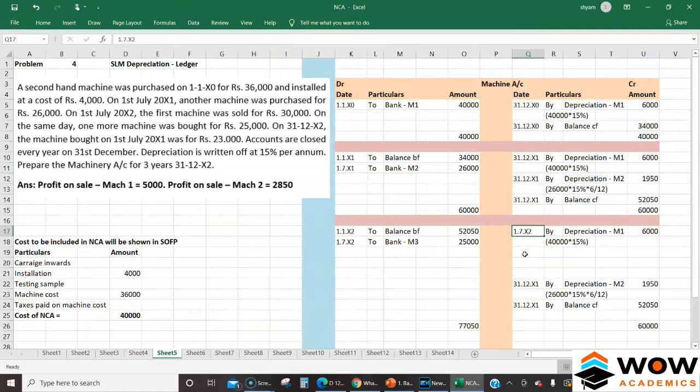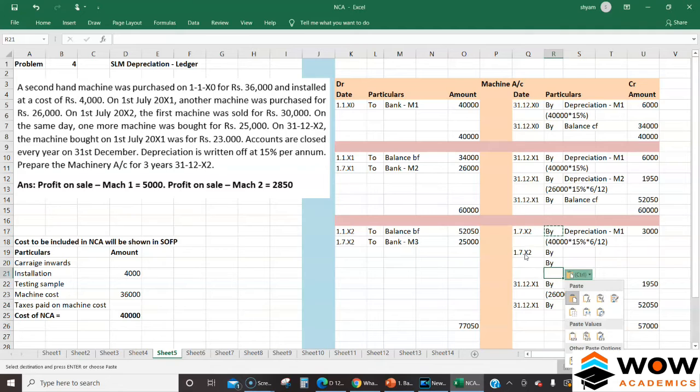So we are selling a machine, and for however long we have used it up to that point in time, we have to provide depreciation. We are using it for 6 months, 6 by 12, and for that we have to provide depreciation for machine 1. That comes to 3,000. On the same date, as we are selling, we put bank.